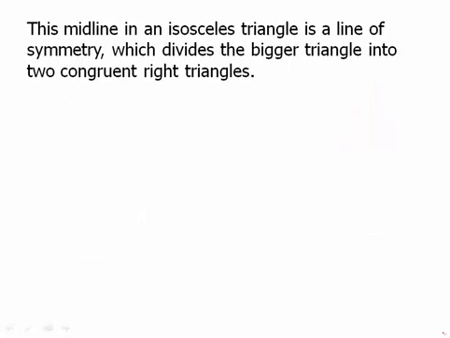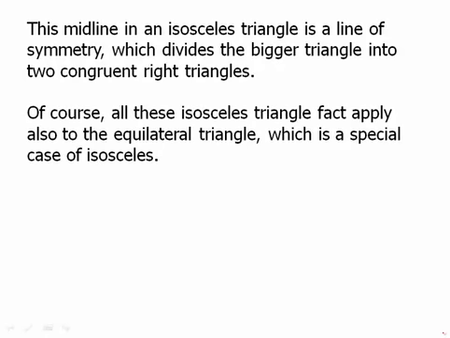The midline in an isosceles triangle is a line of symmetry, which divides the bigger triangle into two congruent right triangles. Of course, all these isosceles triangle facts apply also to the equilateral triangle, which is a special case of isosceles.